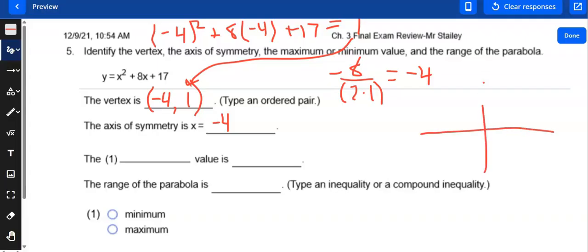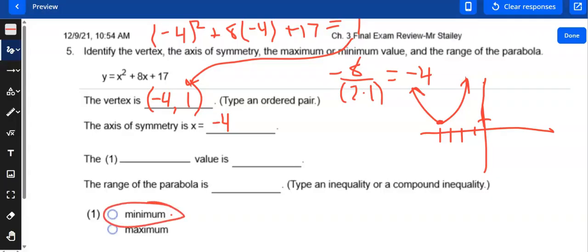So if we're thinking about this, looking at a graph, we've got 1, 2, 3, 4, and up 1. It has an a value which is positive, so it must open up. I drew that picture just to kind of get you thinking. Do we have a minimum or a maximum?